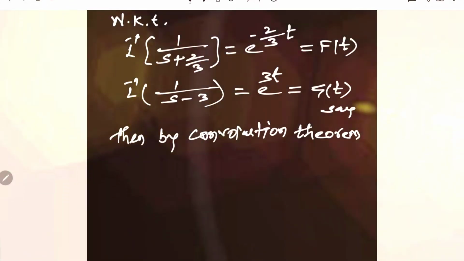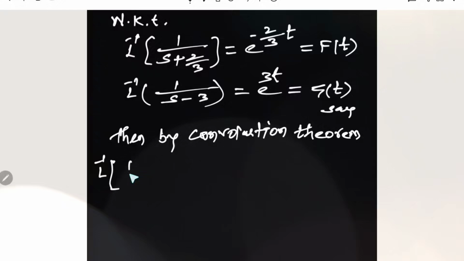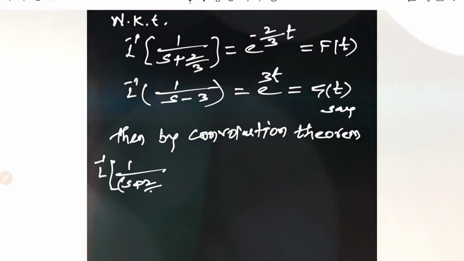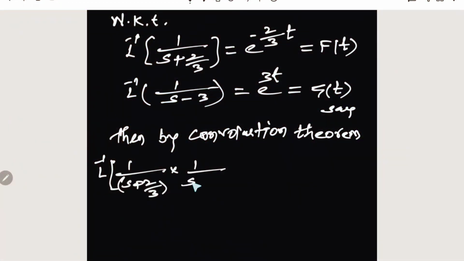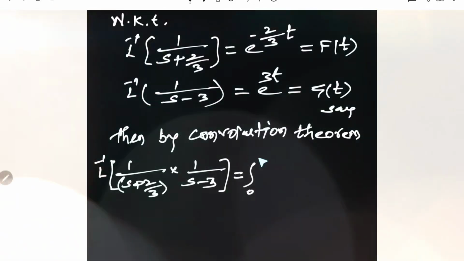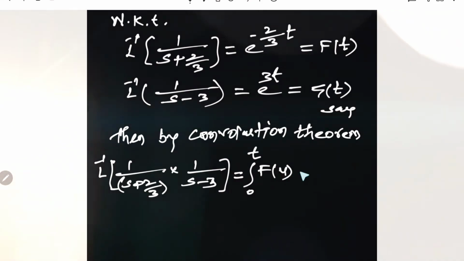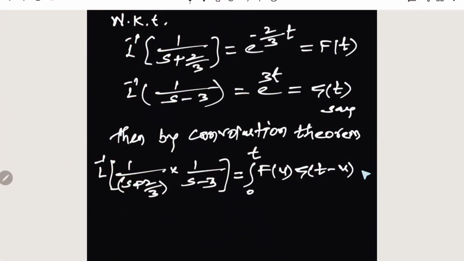Then by convolution theorem, inverse Laplace of that product 1 upon s plus 2 by 3 into 1 upon s minus 3 is equal to integration from 0 to t f of u into g of t minus u, and its integration with respect to u.